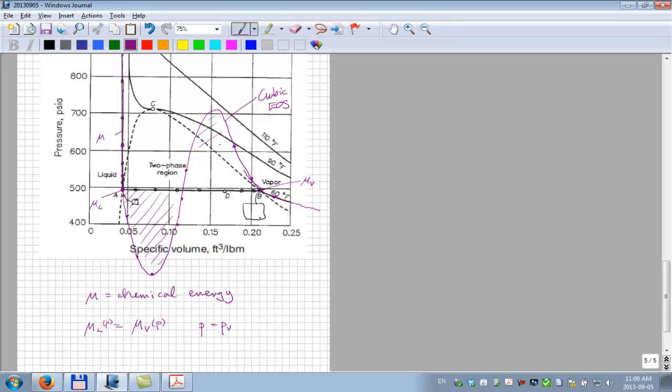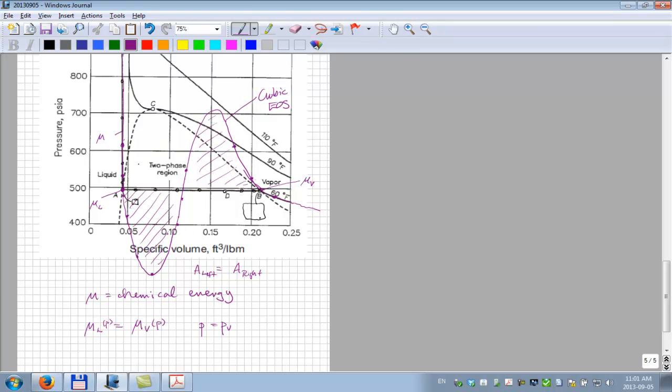When the area above the line pressure and the area below the line pressure are equal, that is the correct line. So this area on the left side is equal to the area on the right side of the loop.